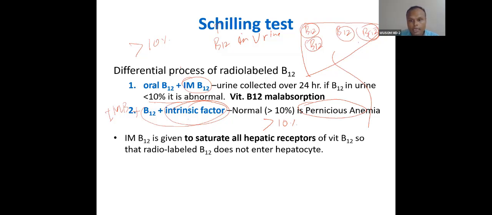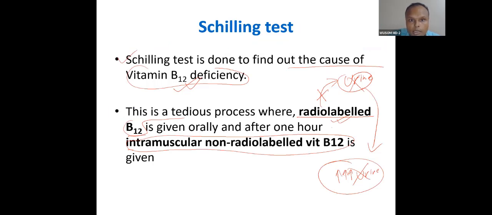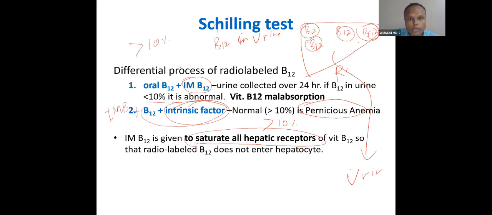It will be excreted in urine. So this is the significance, because intramuscular vitamin B12 is given to saturate all the hepatic receptors, so radiolabeled B12 does not enter hepatocytes. So this is the significance of giving this. The Schilling test is very important, and you have to understand what it is.